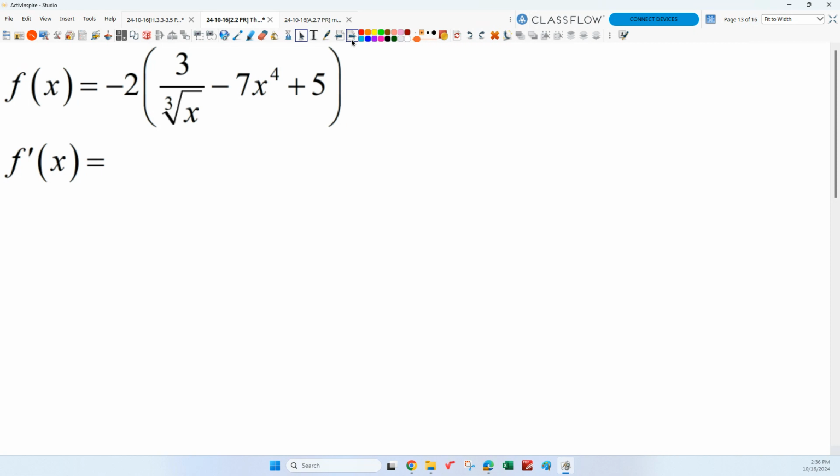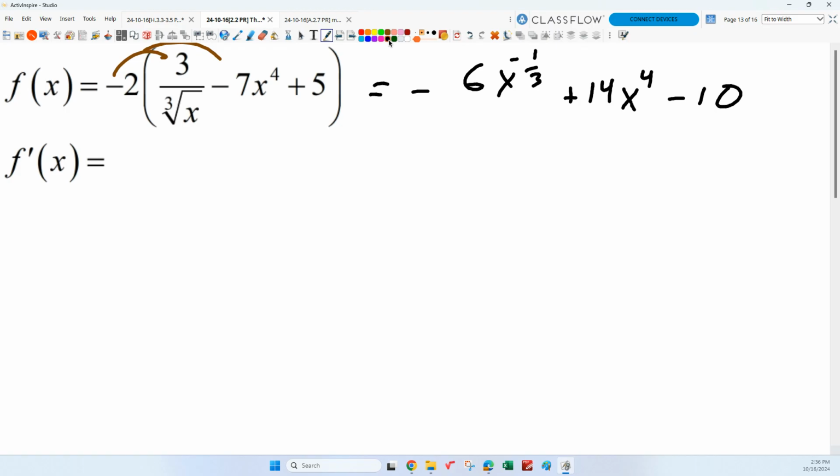So if we distribute this -2, that's going to give us -6x to what power for my first term? -1/3, plus 14x to the 4th, minus 10. Okay? Well, let's differentiate those term by term.